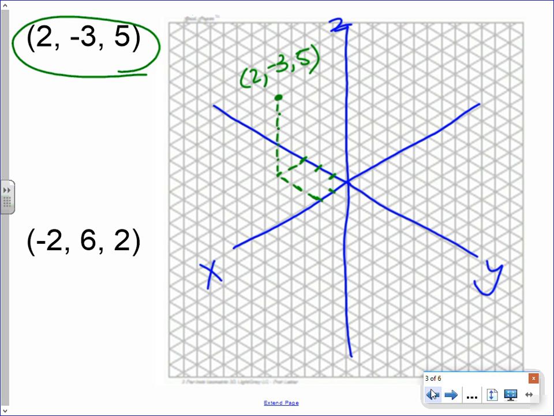So x is negative, y is positive. So there's our parallelogram. And then from that corner, we need to go up 2. So there's our coordinate. Tiger, which octant is that? 2. Good, that is octant number 2.